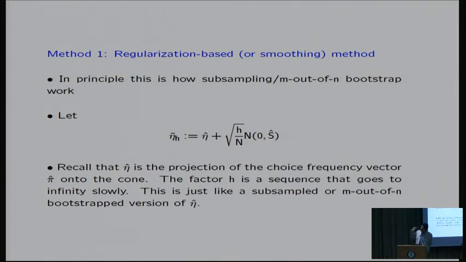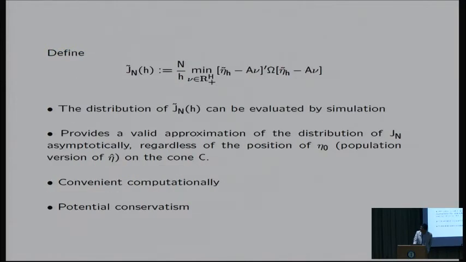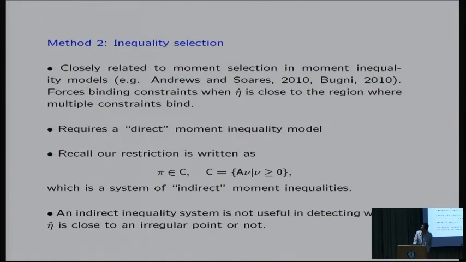Okay, so one method is subsampling, and I say something here, but I'm going to explain everything in terms of a picture. But one thing I should say before showing you a picture is that there's this recent literature on inequality selection to get valid inference when you are facing, say, a moment inequality. And that would be great. That would totally solve the problem we are facing.